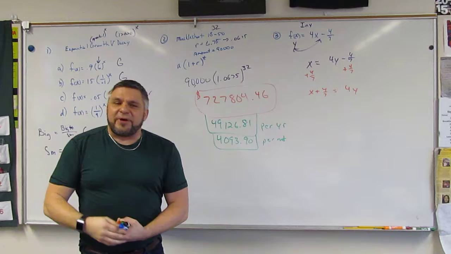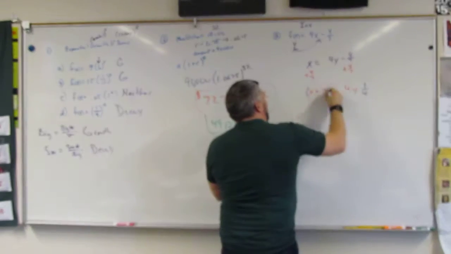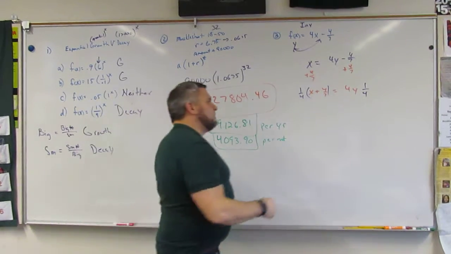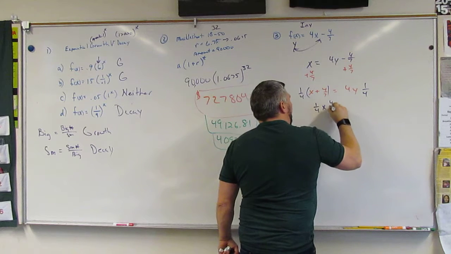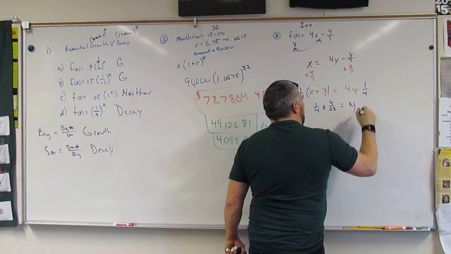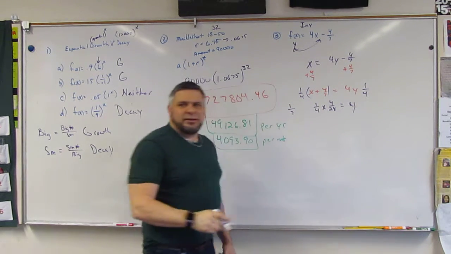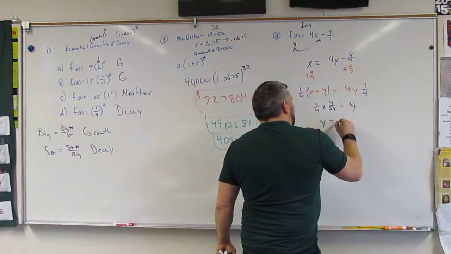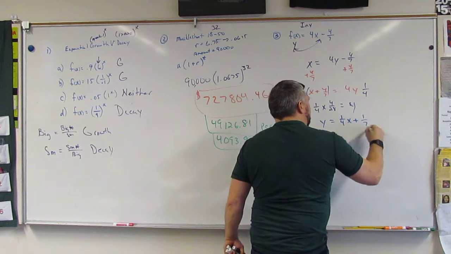Then we're going to divide by 4, but I don't like to divide by 4. I'm going to multiply by 1/4 because when I deal with the fraction on the other side, it's easier. So I get 1/4 x plus 4/28 is equal to y. Now 4/28 is really just 1/7, so y is equal to 1/4 x plus 1/7.